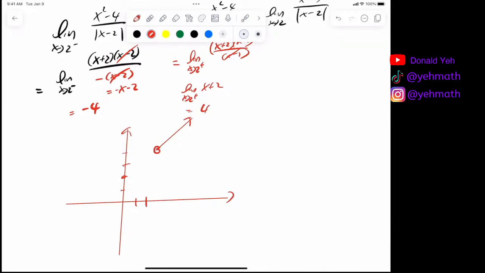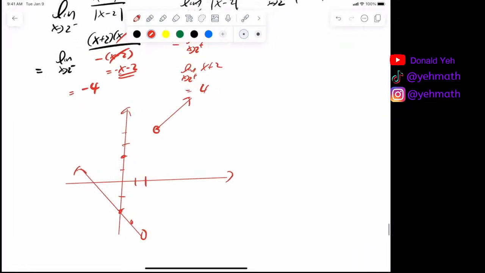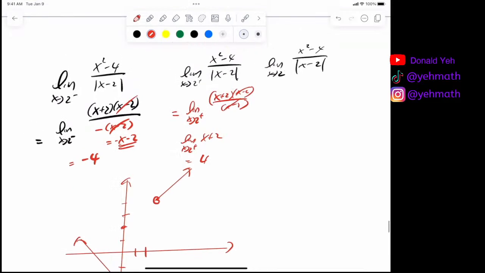And what happened on the other side? Well, we're going to graph negative x minus 2. So it's going to be like this. Here, here, and here. So do you see that graph? It's two things off each other. And of course, that part just does not exist because this is a jump.